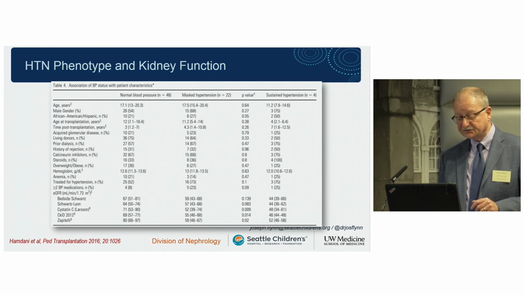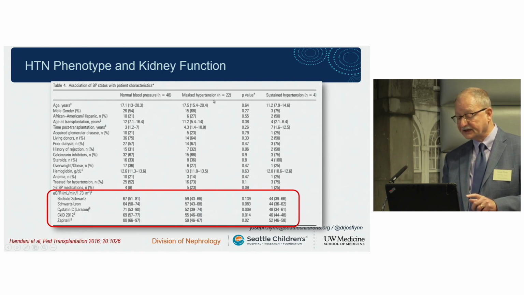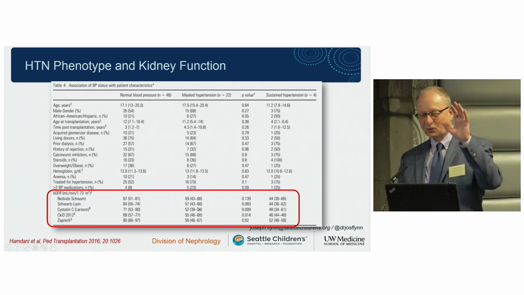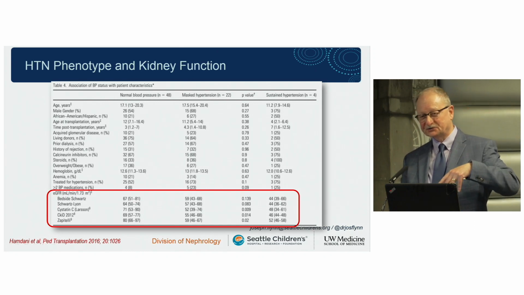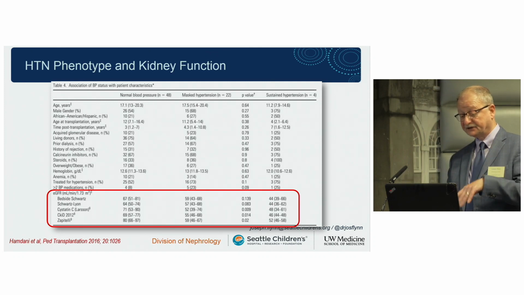What they saw, just looking at the bottom here, is that this group in the center who have masked hypertension had lower GFR no matter what equation you wanted to use to estimate their GFR. They went through like 5 different equations, but all of them were lower in the masked hypertensive group than in the normal blood pressure group.